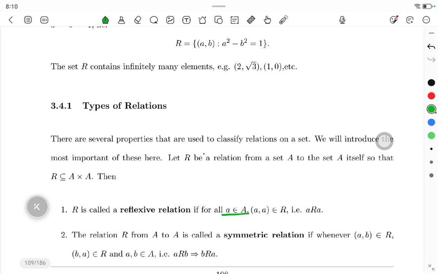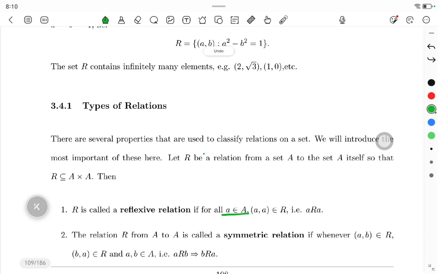We can just make it A to accommodate all sets. We say that A is an element of A such that if I take the ordered pair (A, A), which is an element of R, remember I said that this is the same thing as saying A is related to A. And then we say that relation R is reflexive, right?